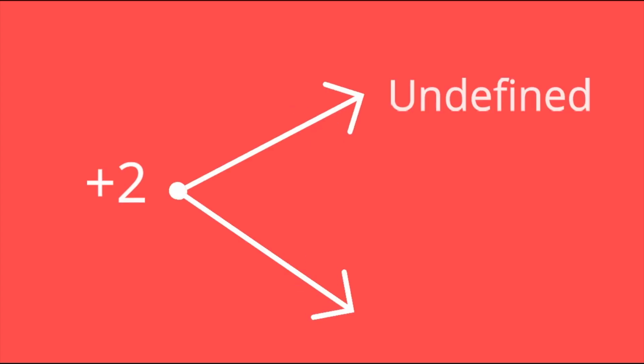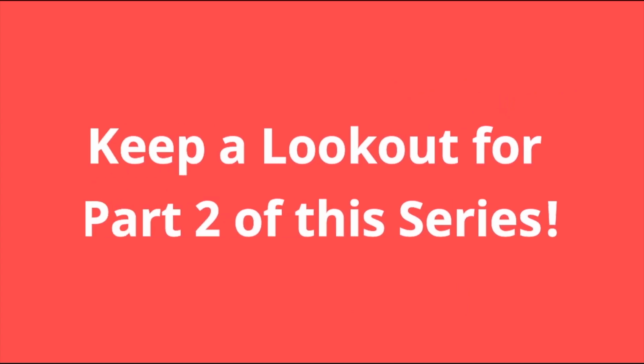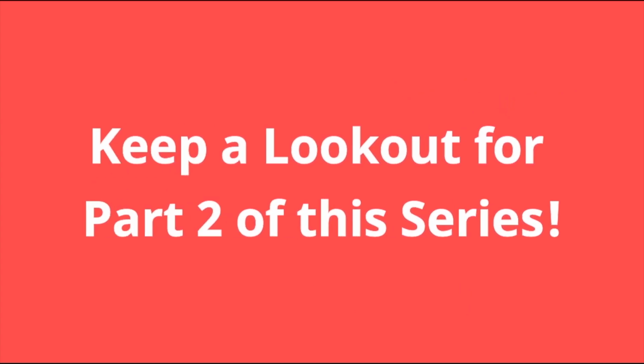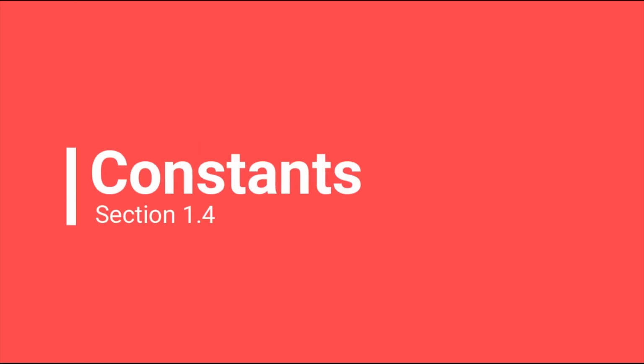Then we have two more types of variables, undefined and null. I'm going to mention those in a future video because they're a bit more complicated and they're not really common in JavaScript. But for now, let's go on to the next section, which is constants.